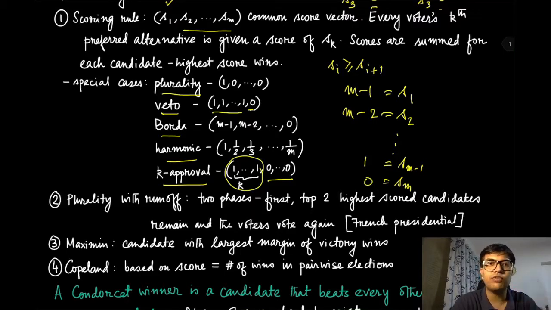So the voters whose favorite candidate has been eliminated are given another chance to pick one of the candidates from these top two candidates. And this is exactly what is done in the French presidential election. It is done using plurality with runoff.